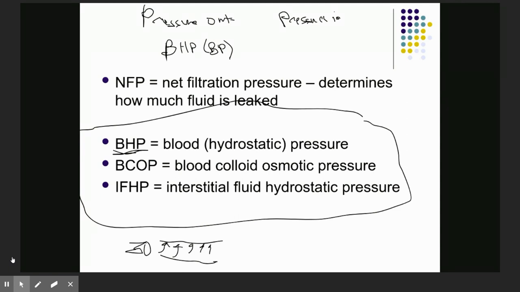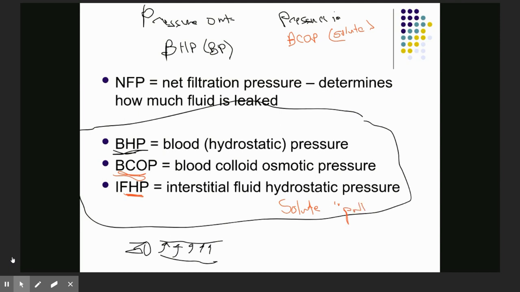But there are 2 pressures back in. One of these is called the blood colloid osmotic pressure. That's just a long term for saying how much solute there is in the blood. Because remember, we've said this before, solute pulls solvent.